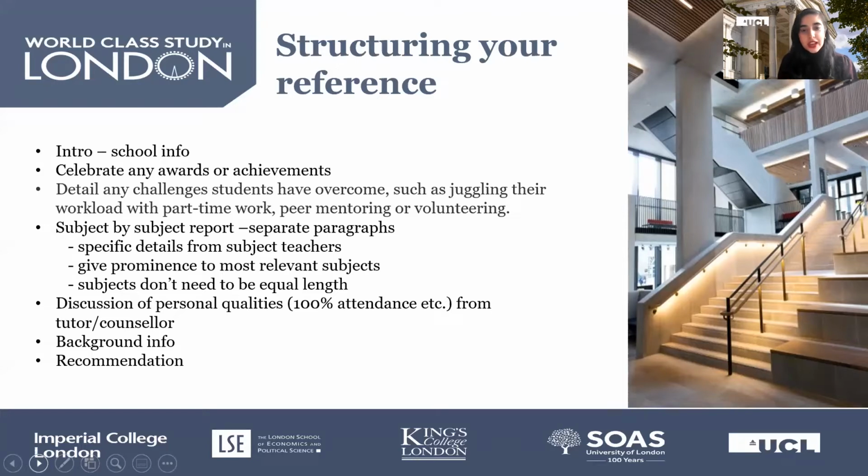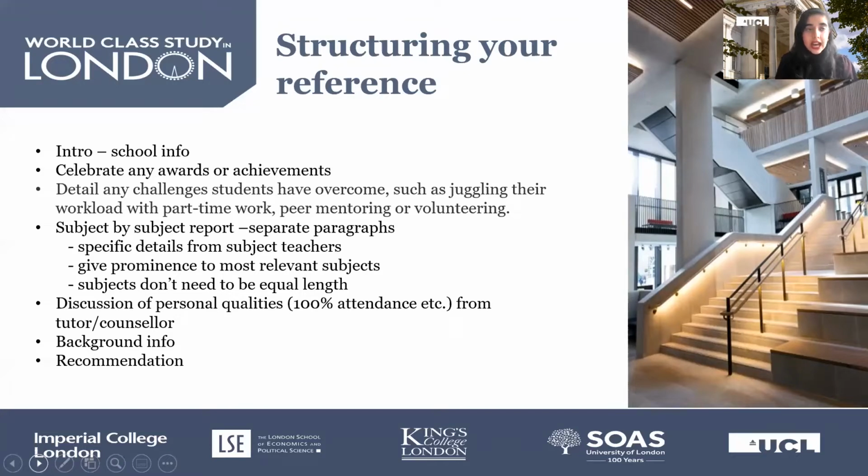When we think about all of that information we don't get to see, have they overcome any challenges with their workload or in their home life? And in spite of these challenges, have they got really good predicted grades, or has it impacted their performance?